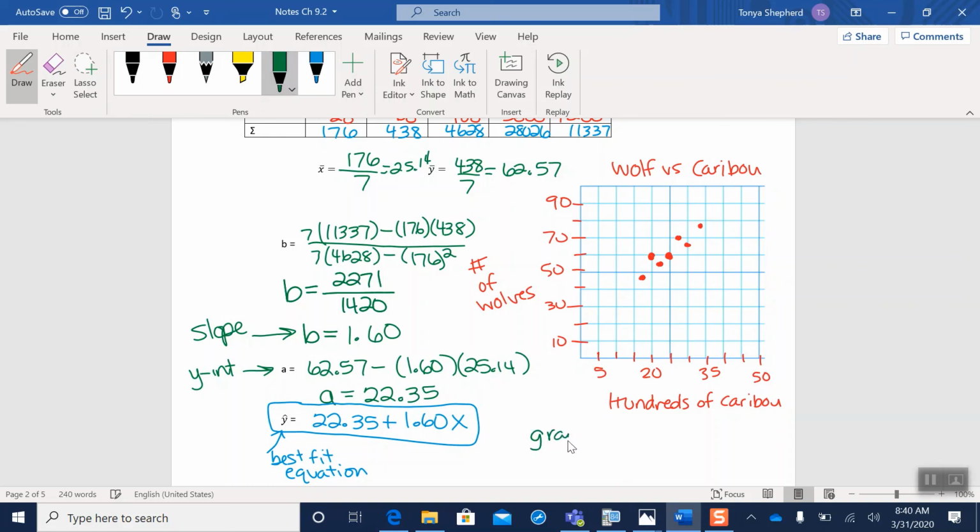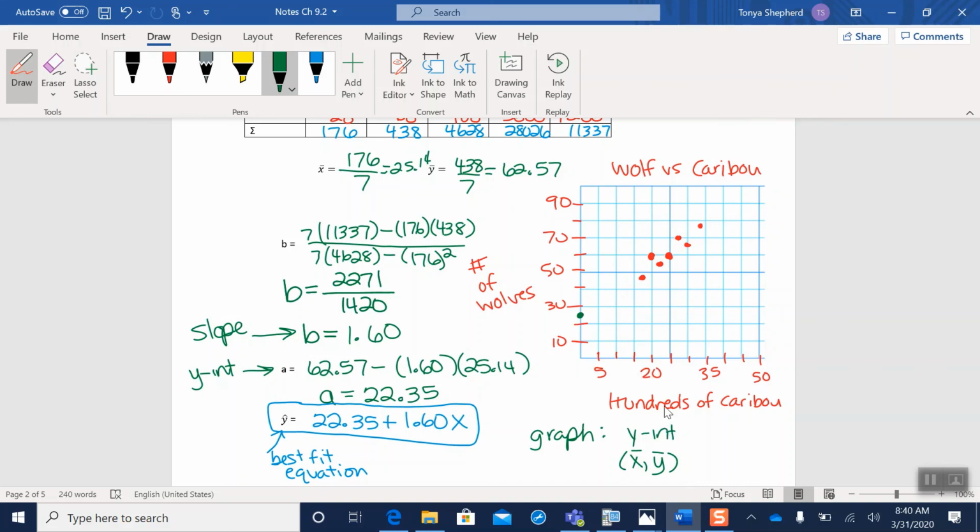We're always going to graph 2 points, and that is the y-intercept and the point x bar, y bar. Okay, so our y-intercept is 22.35, so I'm going to say that's around here.